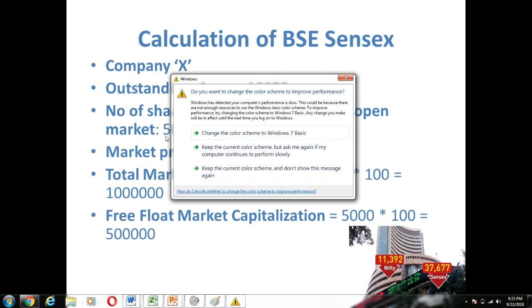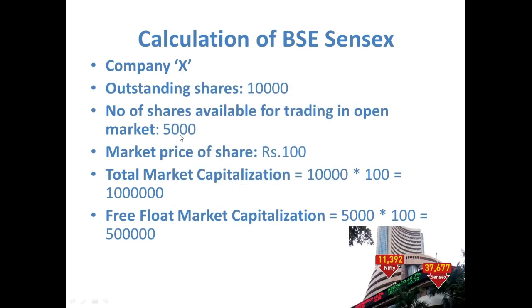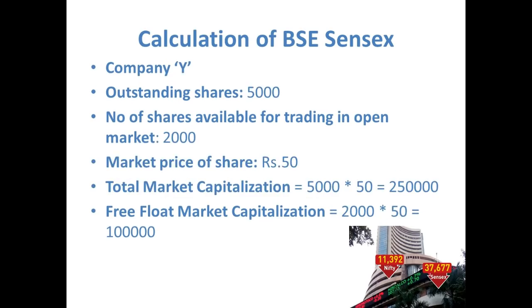But the free float market capitalization will be only 5,000 multiplied by 100, that will be 5 lakhs. So the free float market capitalization of company X will be 5 lakhs, but the total market capitalization will be 10 lakhs. So you can understand over here. Now in the same way we'll calculate the free float market capitalization of company Y. Company Y has 5,000 outstanding shares and only 2,000 shares are available for trading in the open market, with a current market price of 50 rupees.